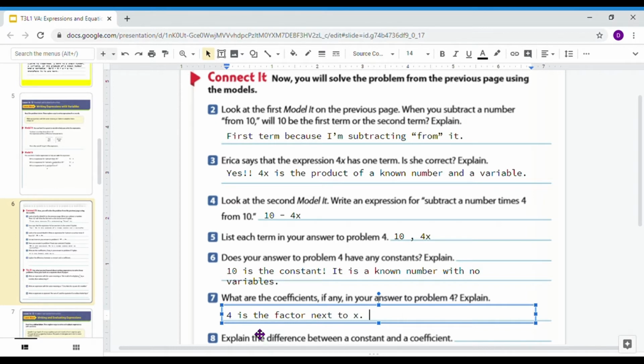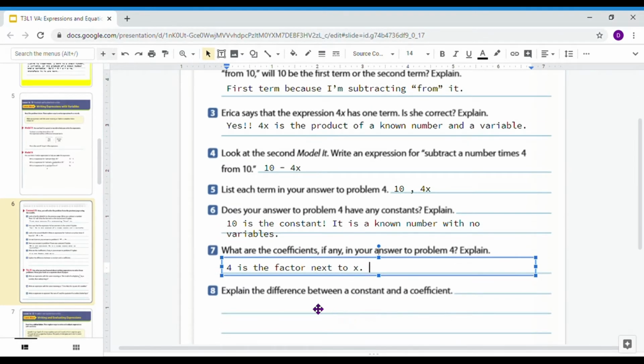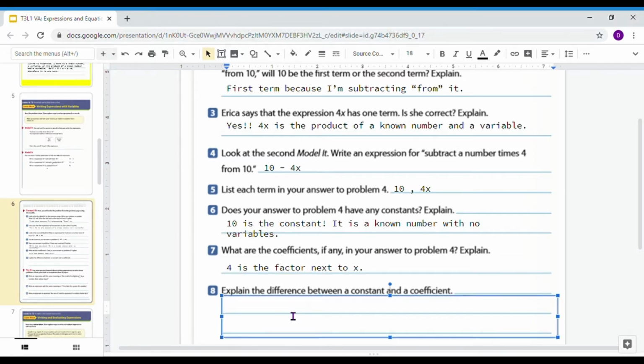So I think that once you understand the vocab, doing this will be significantly easier. But understanding what coefficients are and constants and variable terms and terms is vital in understanding how to do this. So this is just building up your foundational knowledge until we can actually get into the lesson. So it says, explain the difference between a constant and a coefficient. Well, that's pretty easy because a constant is a known number with no variables.